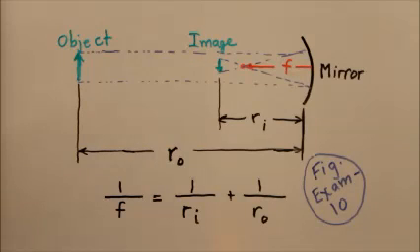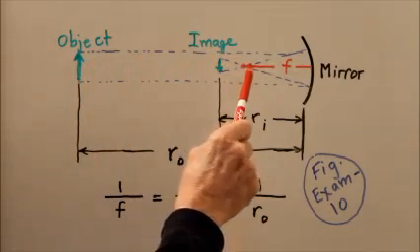Suppose that the initial distance r sub 0 between the mirror and the object equals 1.2 times the mirror's focal length f. Okay, this is the object, this is f.